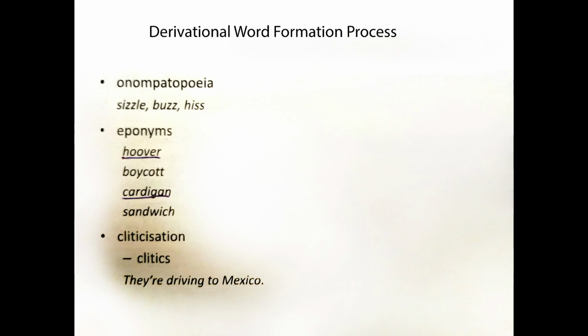Let's look at an example. They are driving to Mexico, but we'll just focus on the part "they are." They are is obviously combined from two words, they and are, but we can put them together and pronounce them as one word, right?